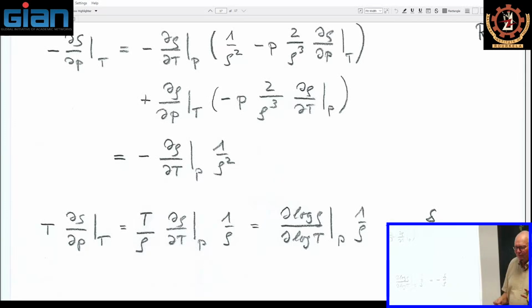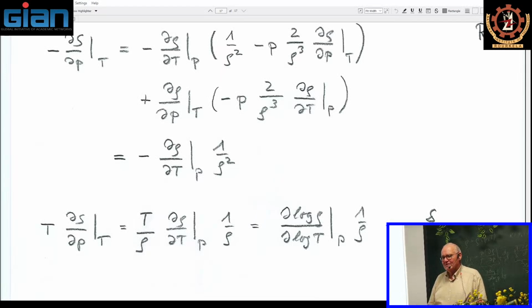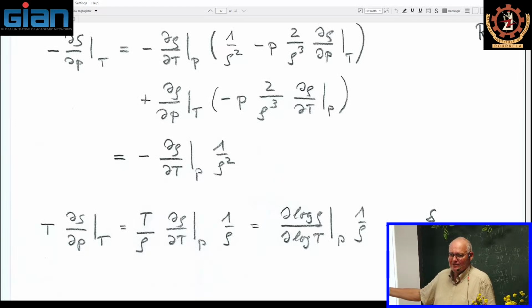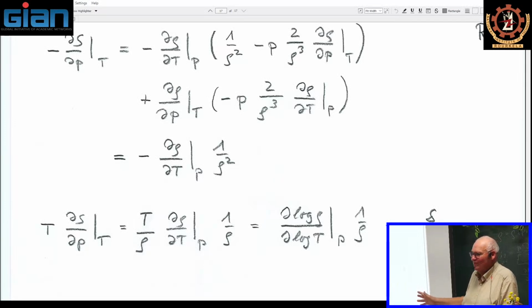Okay, I've done this in extension because such calculations appear in stellar physics all the time. You have to transform back and forth, and you have to be aware of such calculations. So you have to get used to this formalism. Sorry about it. It was a little bit of algebra, but it was a little bit of helpful thermodynamics.